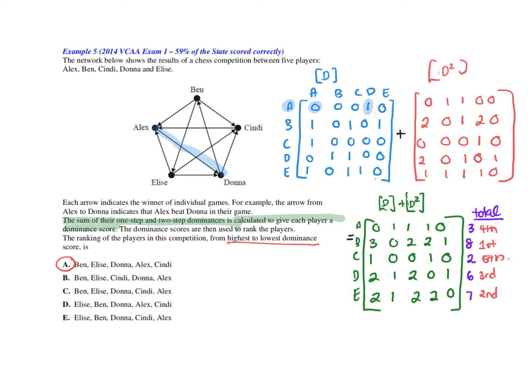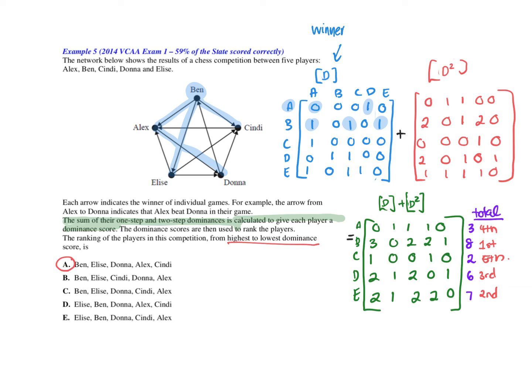Okay, and then if I do another one, if I look at Ben, doing the next one, he beat Alex, so there's the 1. He also beat Elise, so there's a 1 on Elise. And he also beat Cindy, so you can see there's the 1 on Cindy. And then zeros everywhere else. So this is the first dominance matrix, and this is pretty much the winners of the games.